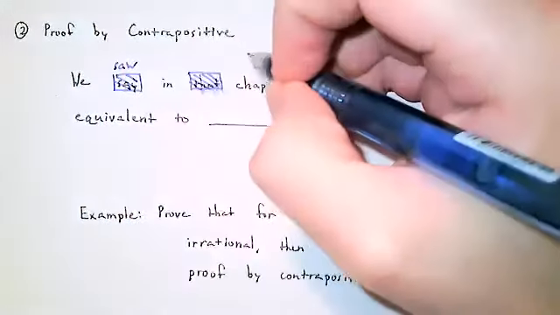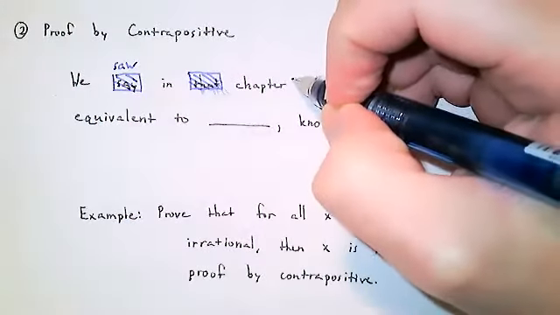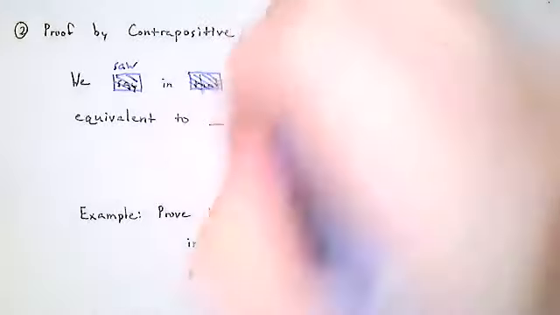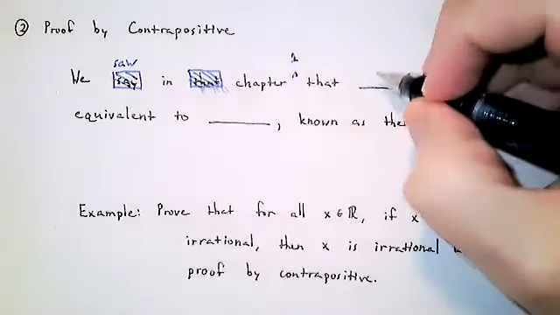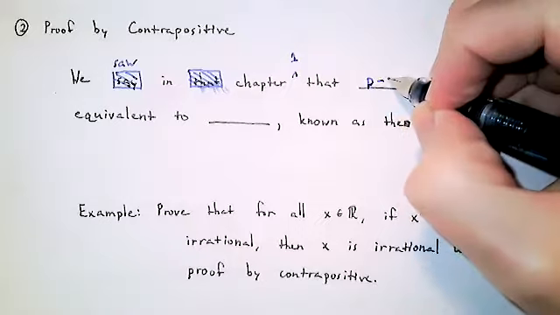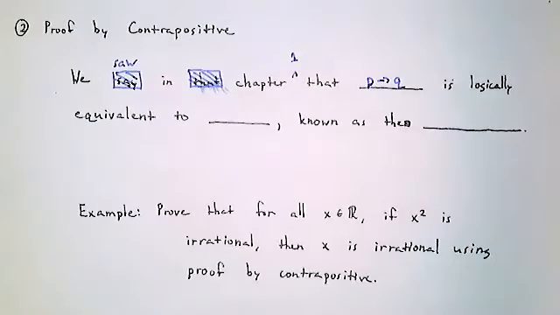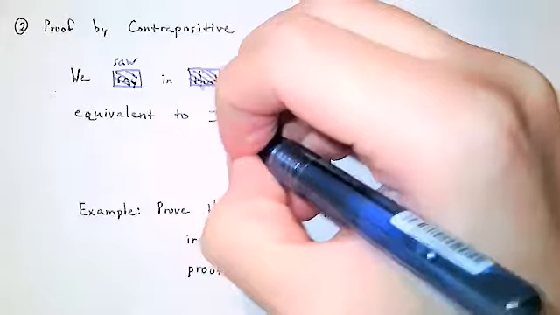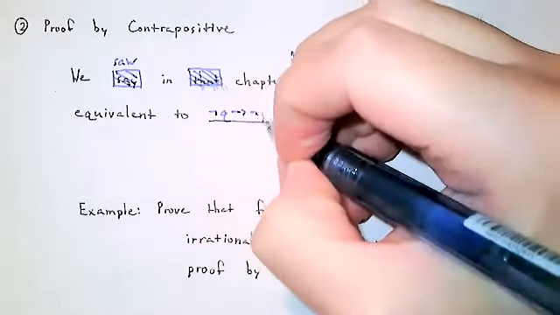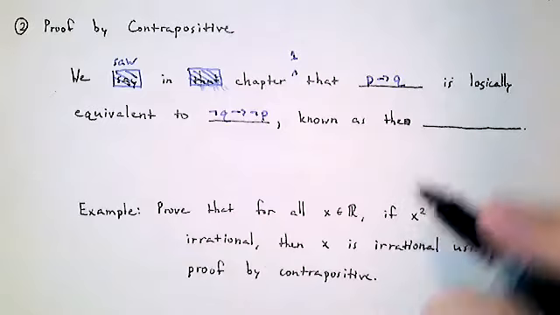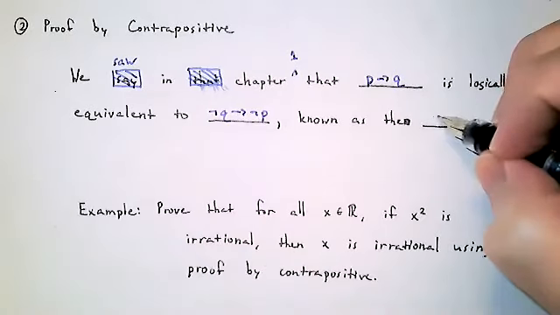We saw in chapter 1, to fix the grammar, that the implication, if P, then Q, is logically equivalent to if not Q, then not P. And this is what we called the contrapositive.